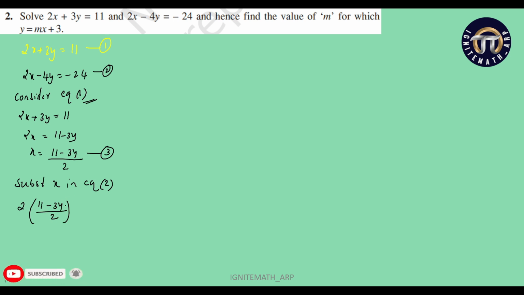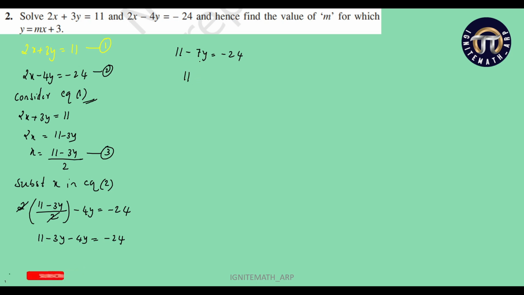Correct, children? Okay. Minus 4y is equal to minus 24. So the 2s, directly you can cancel. Then I'll be left with what, children? 11 minus 3y minus 4y is equal to minus 24. So 11 minus 7y is equal to minus 24.